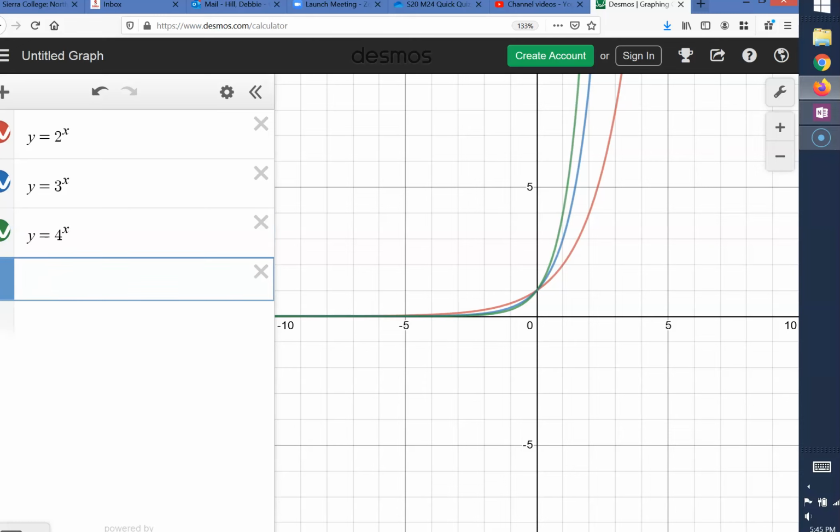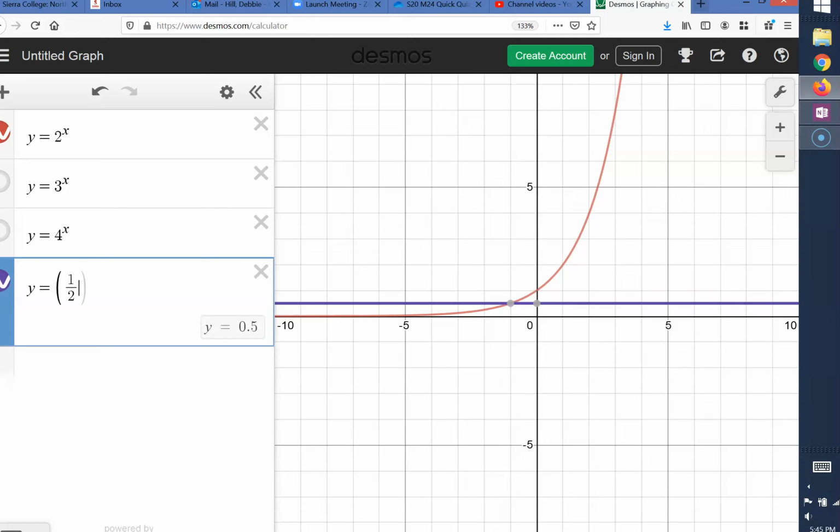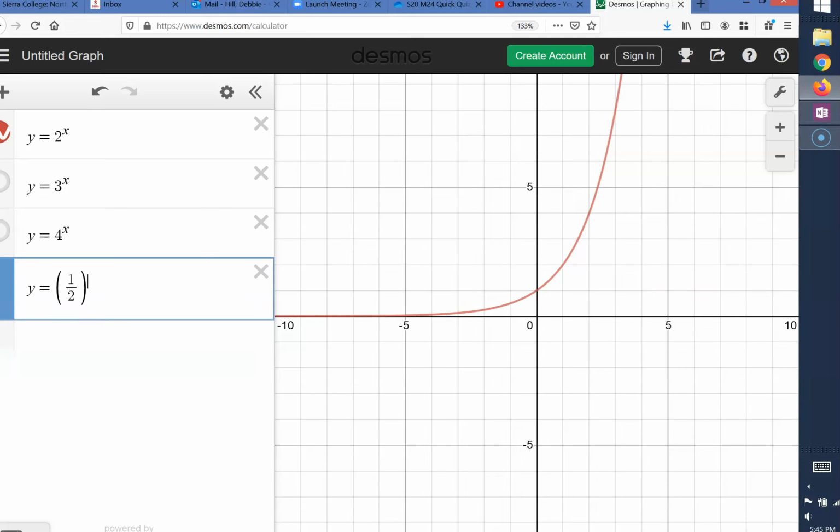Well, let's look at what happens if you have a base that's between 0 and 1. So suppose our base is 1/2. Oh, that causes the graph to reflect about the y-axis and be an always decreasing graph.